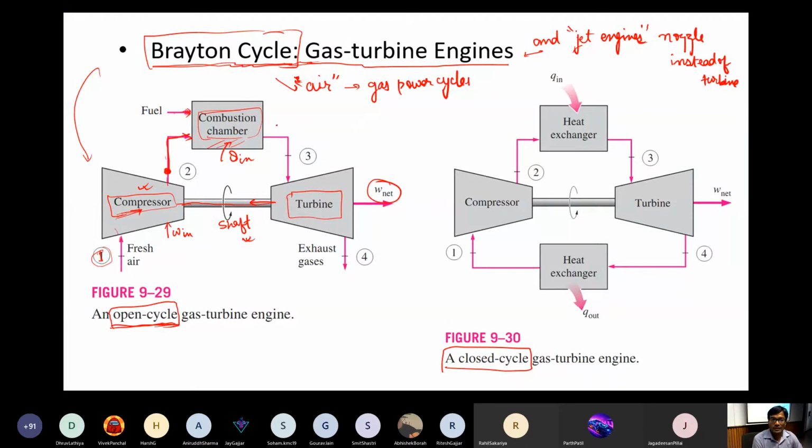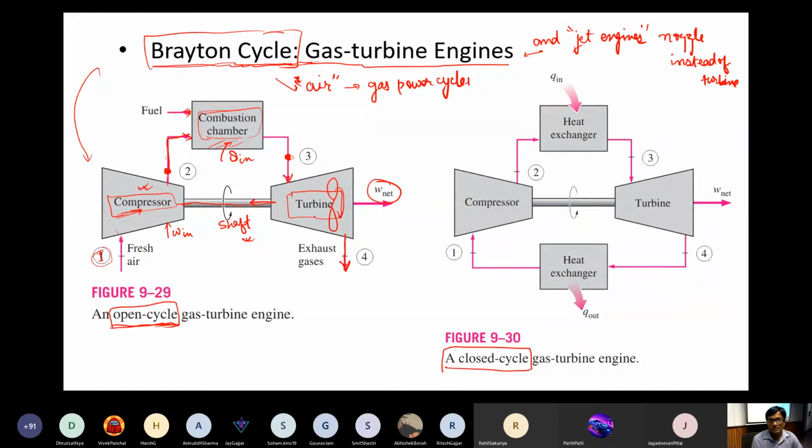After this you will get very high temperature and high pressure gas, and this is supplied to the turbine in order to rotate its blades. In turn, you will get the exhaust gases, at low pressure and moderate temperatures.